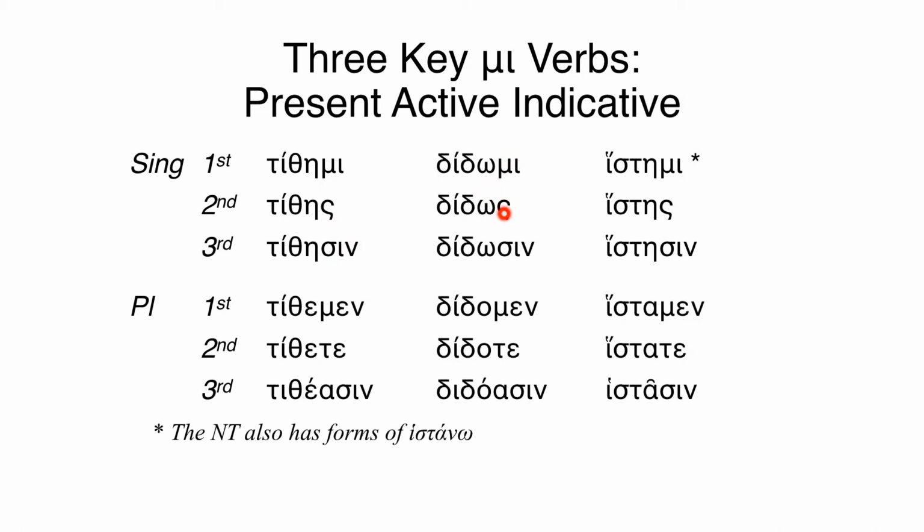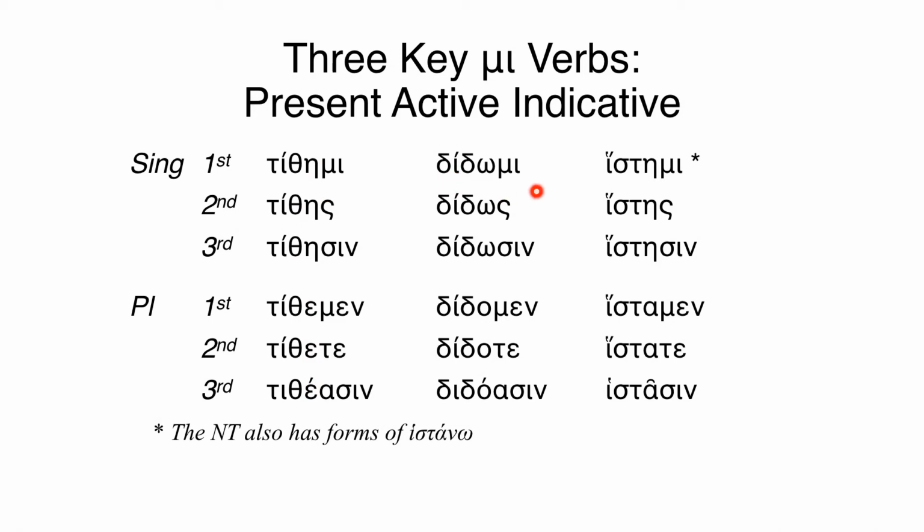We see those throughout the other singular forms. Then we have a men ending across all three, the te ending across all three, and the asin ending across all three. So the thing that's different about these three is the connecting vowel that joins the stem to the personal endings. So let's look at didomi.